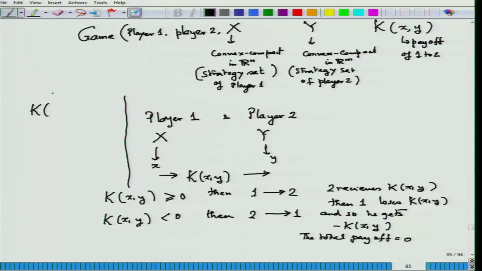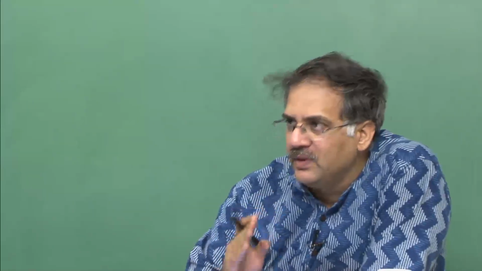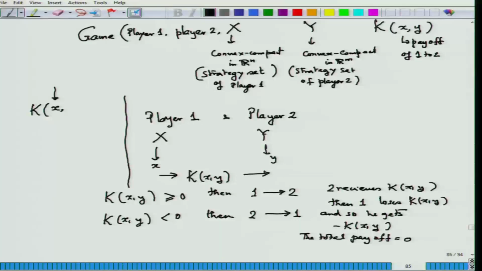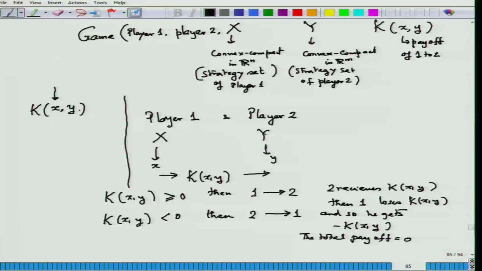As player 1, I am pushing in a strategy x, and y can give in any strategy. I have given x, but I do not know what strategy y will play. I was just telling the reverse thing. He can play any y at his disposal, so he keeps on giving a y.